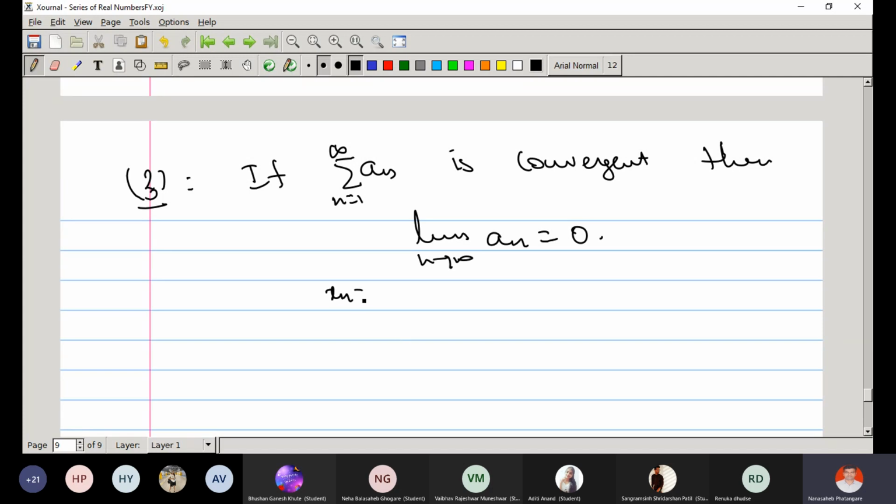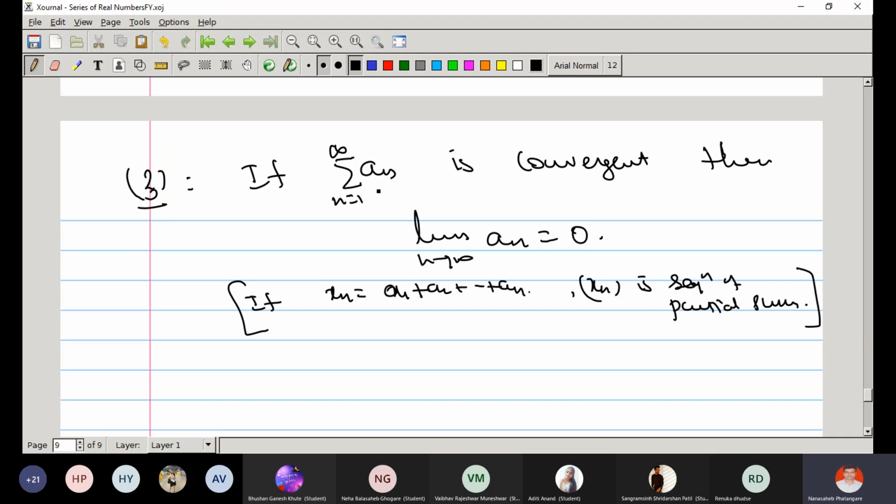The sequence of partial sums is something different: a1 plus a2 plus up to an, and xn is the sequence of partial sums. What we are saying is, if the series is convergent, then the limit of an must be 0, meaning the limit of the nth term, not of the sequence of partial sums.